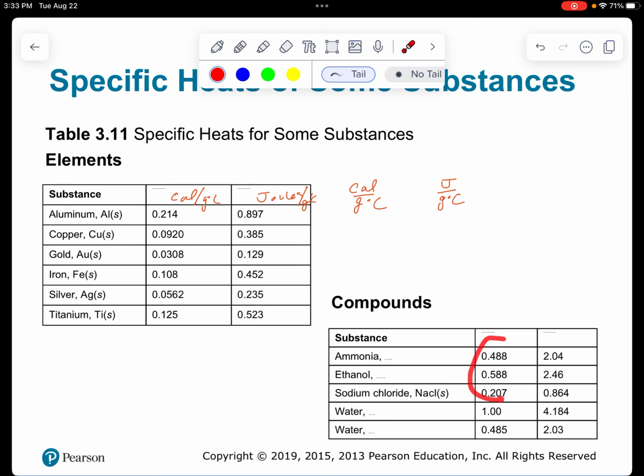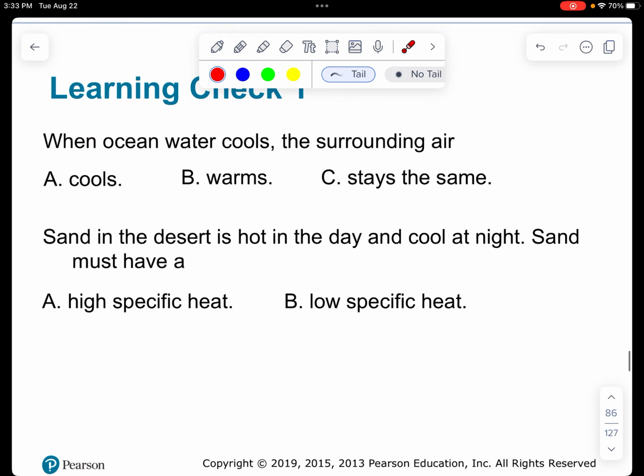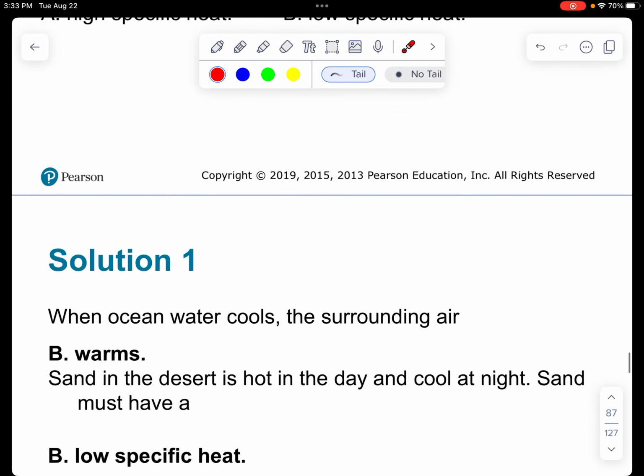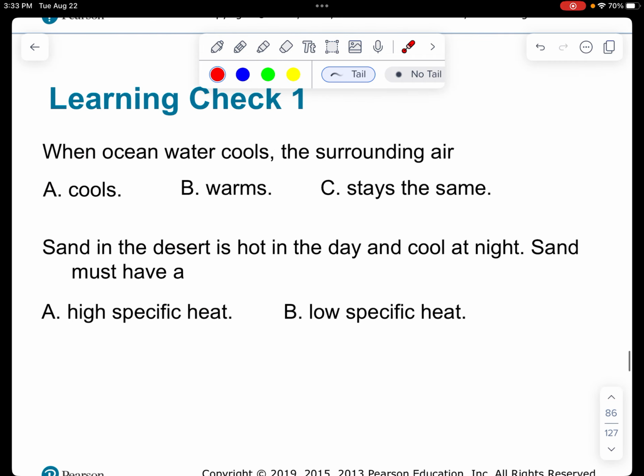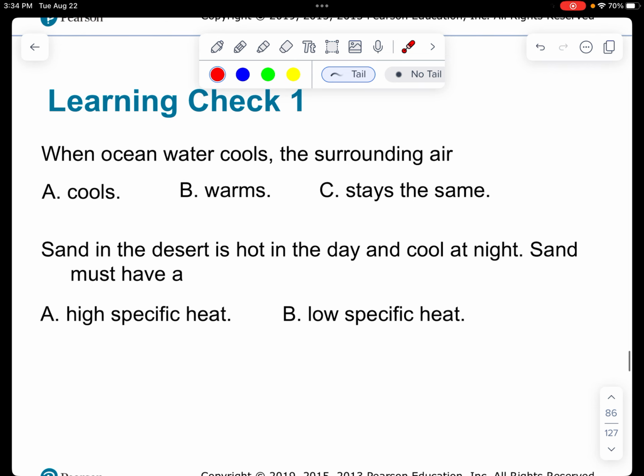By comparison, liquids have higher specific heats. So whereas aluminum's 0.214, ammonia is double that, and water is actually almost 5 times that. So water has a very high heat capacity. Okay, when the ocean cools, the surrounding air does what?